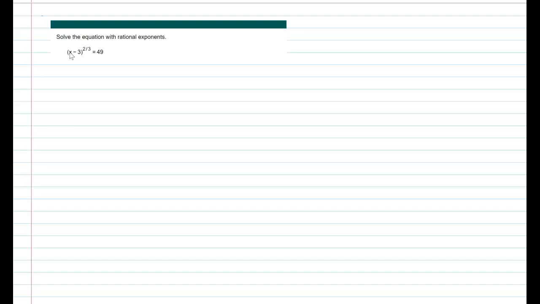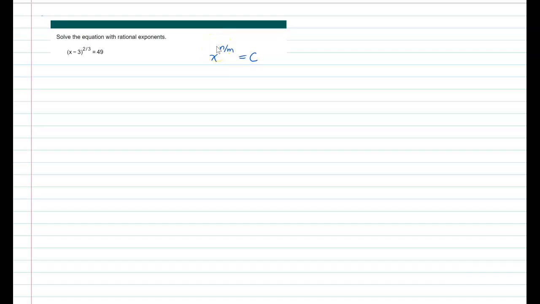To do this, we will have to recall the very important concept that we have learned previously: if you have x to the n over m equal to c and you want to solve for x, you can solve this by raising both sides of your equation to the reciprocal of that exponent. You also need to pay attention to the numerator.